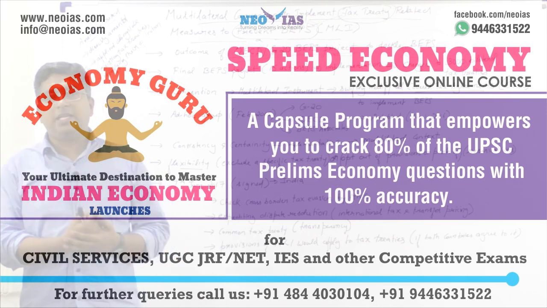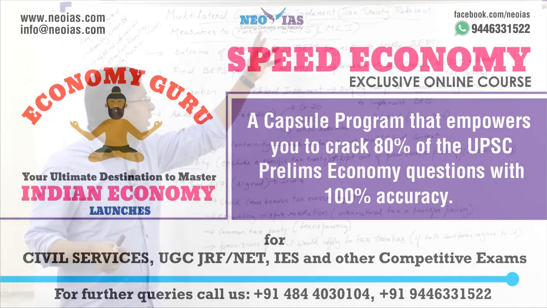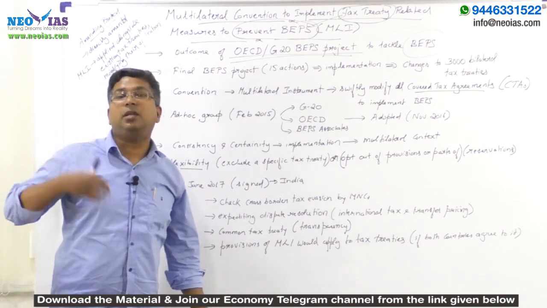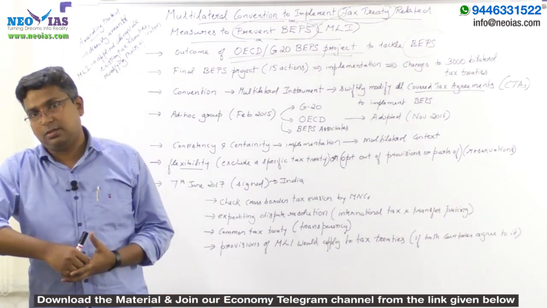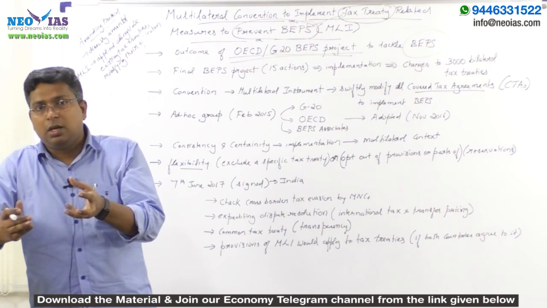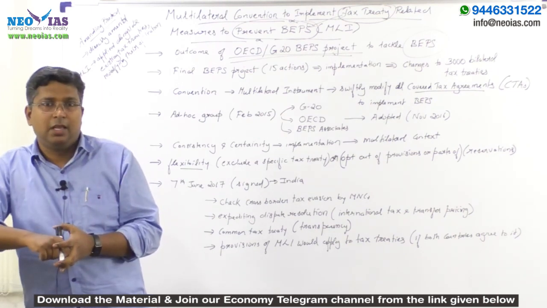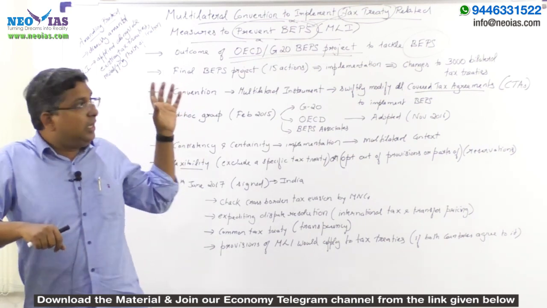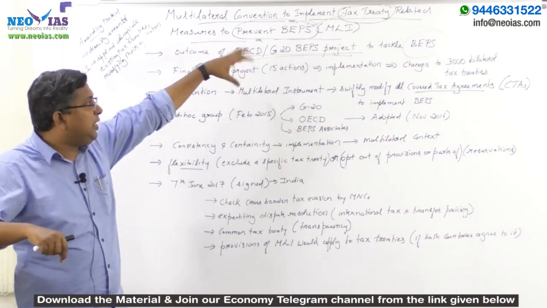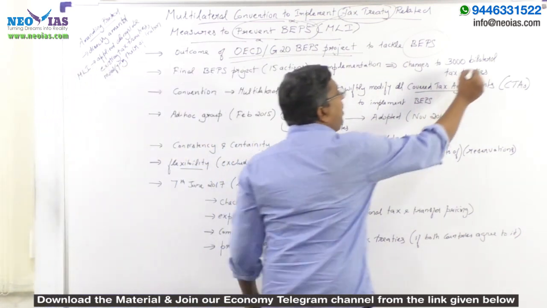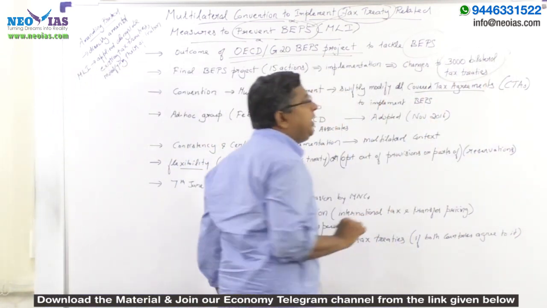Now try to understand that. If you want to prevent BEPS, every country has to amend their tax treaties, because the major problem lies in these tax treaties. For this BEPS project to be implemented, nearly 3,000 bilateral tax treaties have to be amended or changed.